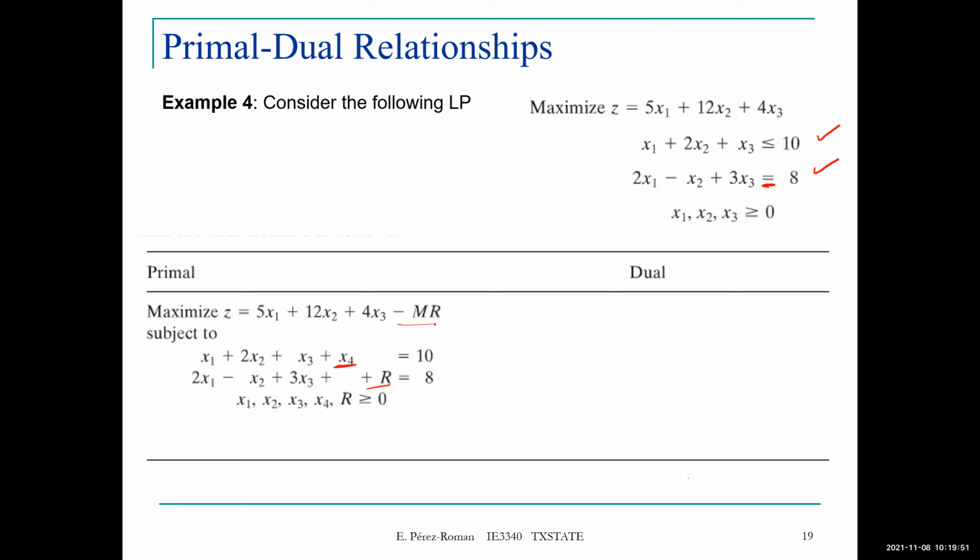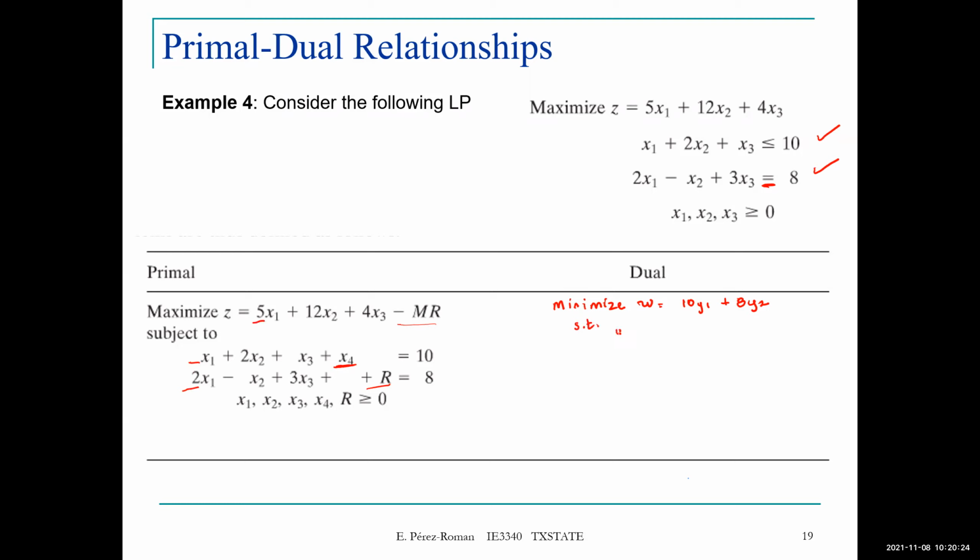The dual of this problem, following the same steps, we're going to minimize, and then we're going to use the right-hand side coefficients, 10 times y1 plus a times y2. And then this is going to be subject to, going to look at the coefficients of each decision variable now.